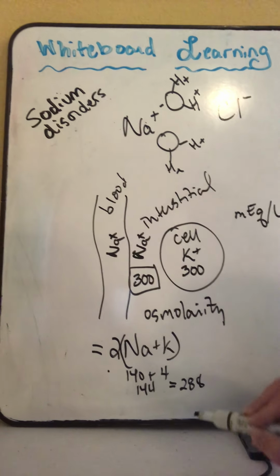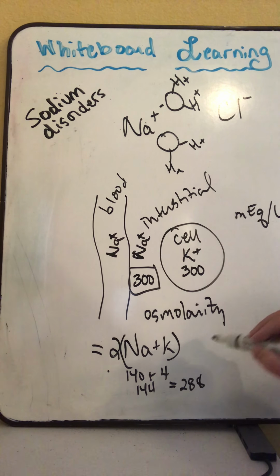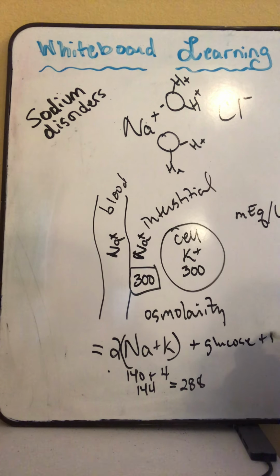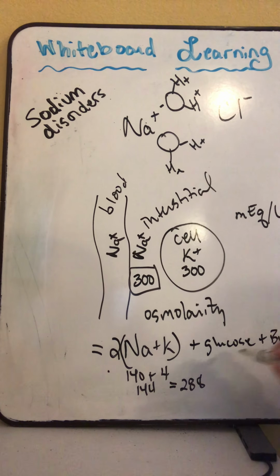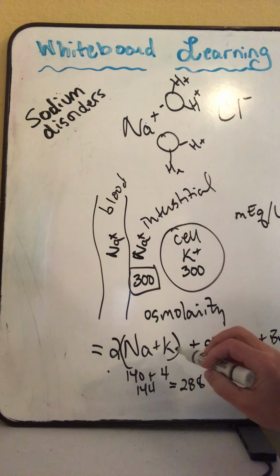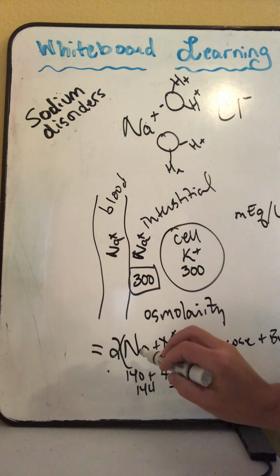So there's a little bit missing, and the rest of that equation is generally a little bit of sugar and a little bit of urea, or if you think about that as BUN. But those to a lesser degree. Mostly it's the sodium and potassium, of which mostly in the extracellular fluid is sodium.